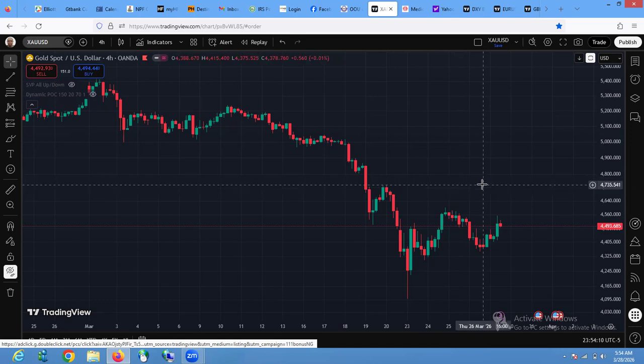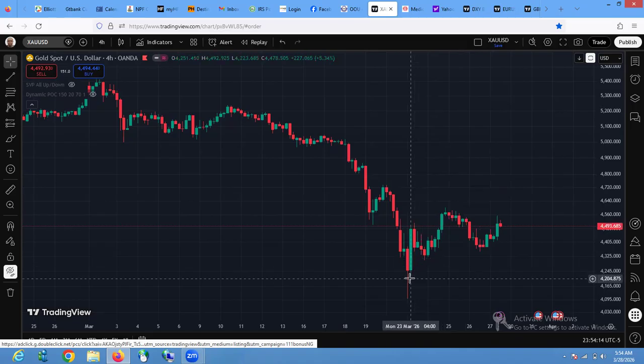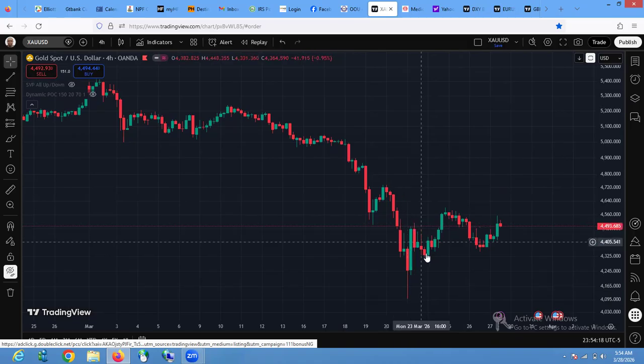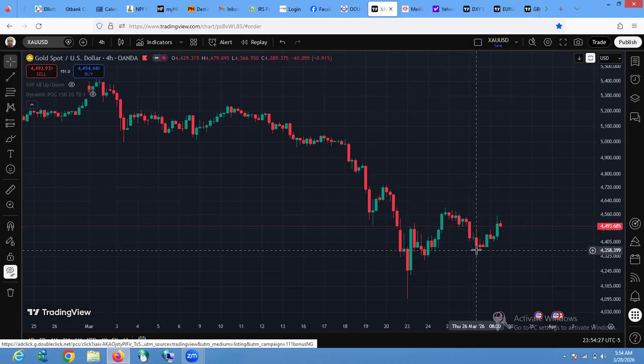But looking at the movement to the upside, we had this first 3 waves to the upside, 1, 2, 3. Then we have what looks like a 5 waves descent to the downside. And the movement to the upside is still 3 waves now, 1, 2, 3.